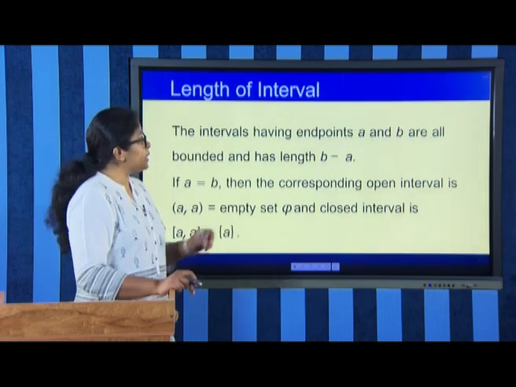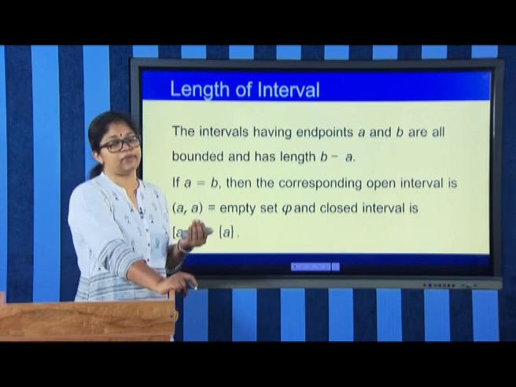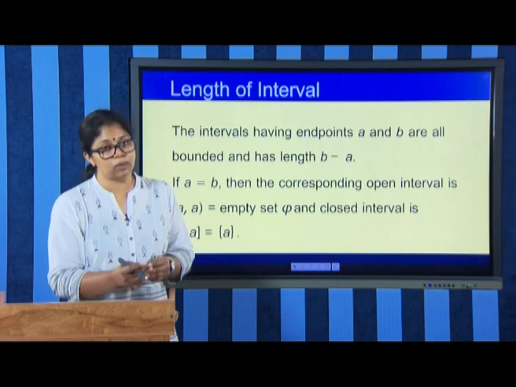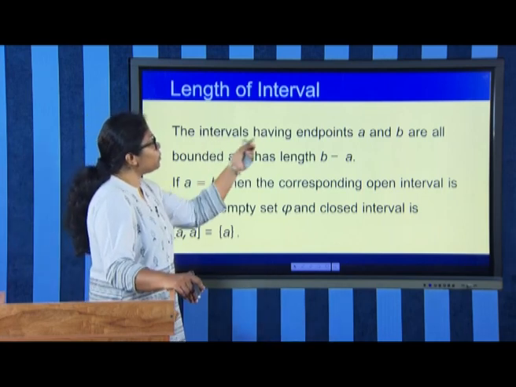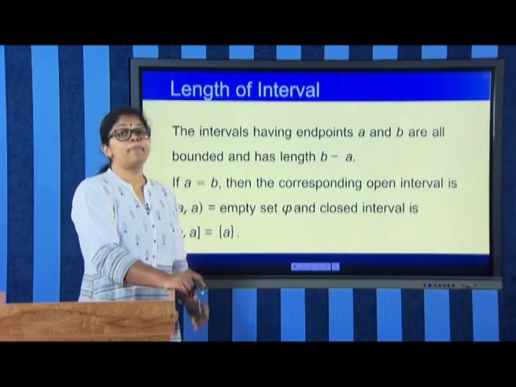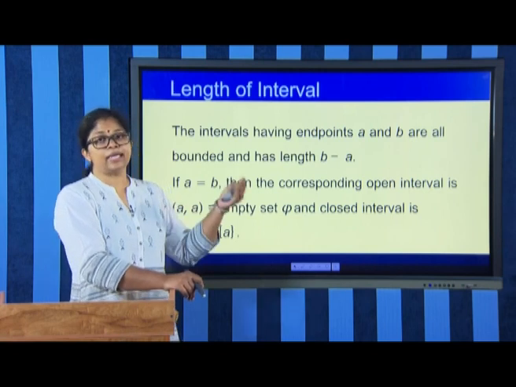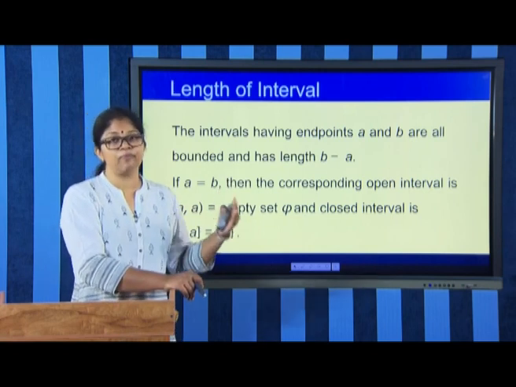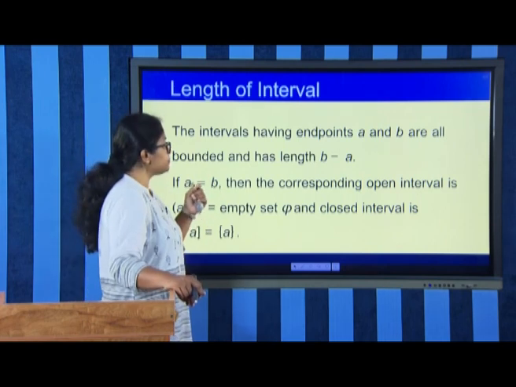Then, the intervals having endpoints, whatever be the nature of the interval, whether it is open or closed or semi-open or semi-closed, all the intervals having endpoints a and b are bounded, the upper bound being b or any number greater than b. So, obviously, the supremum will be b and the infimum being a.